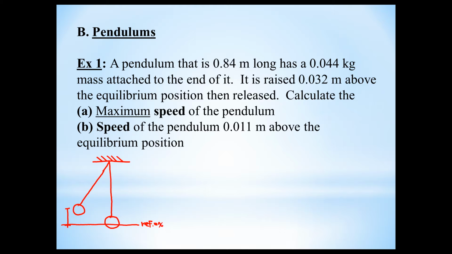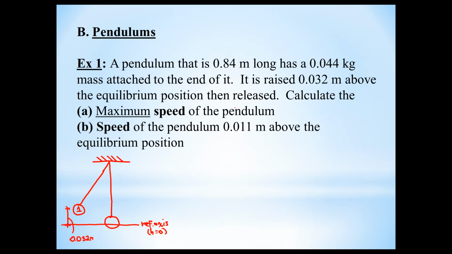I know it's a little bit beneath it. Okay, this value is 0.032 meters, and we're going to call that state 1. And then we let go. And then we want to calculate the maximum speed of the pendulum.